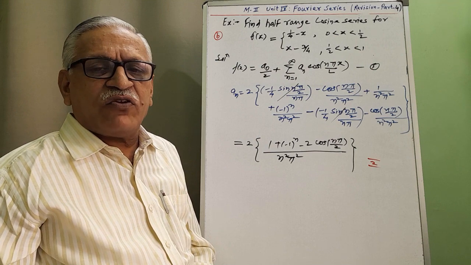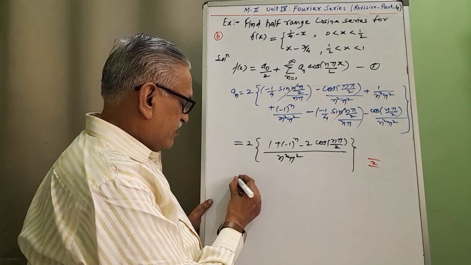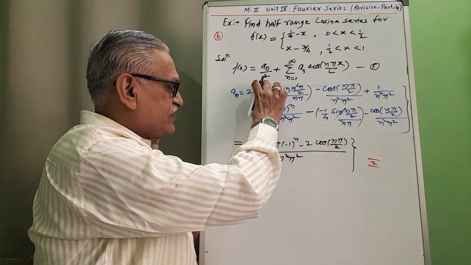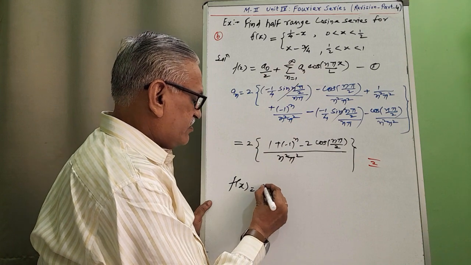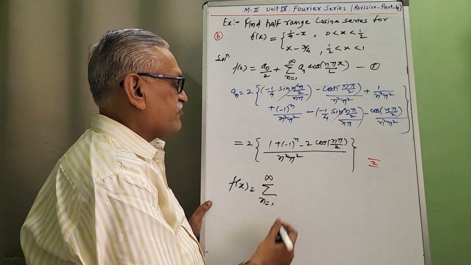Then substituting the value here in equation 1, we get the required Fourier series. F of x is equal to, value of a0 is 0, therefore this term becomes 0. Summation from n equals 1 to infinity.